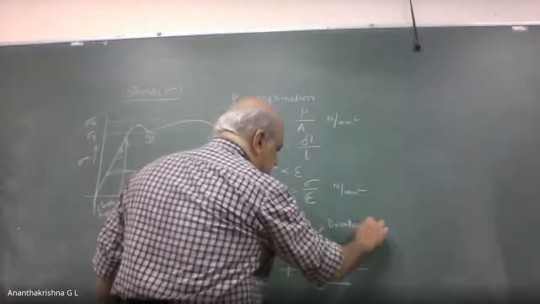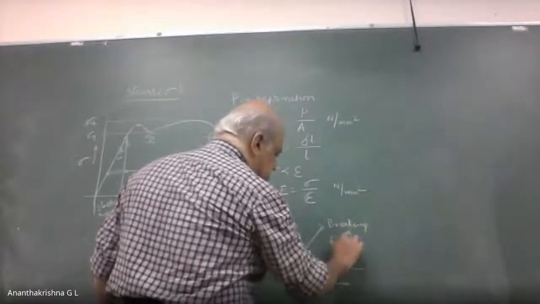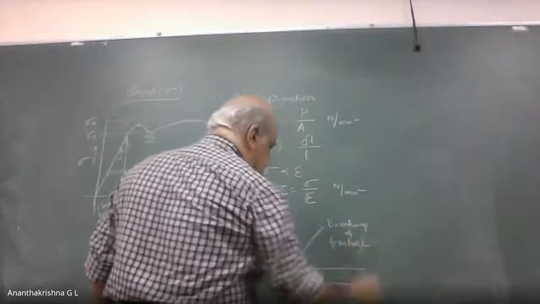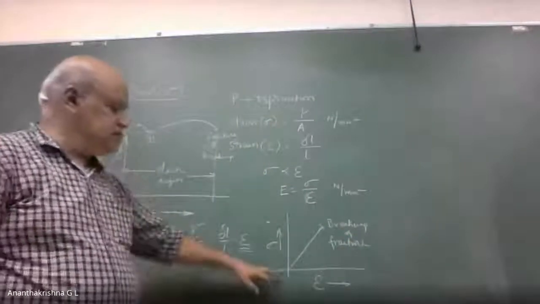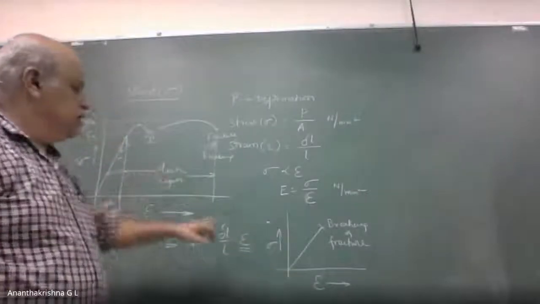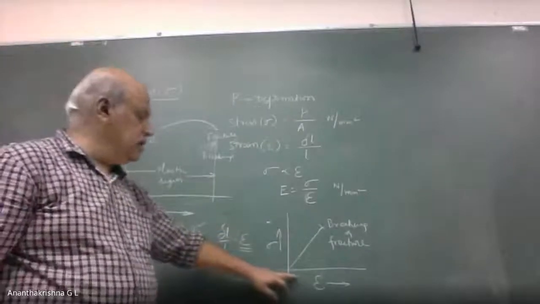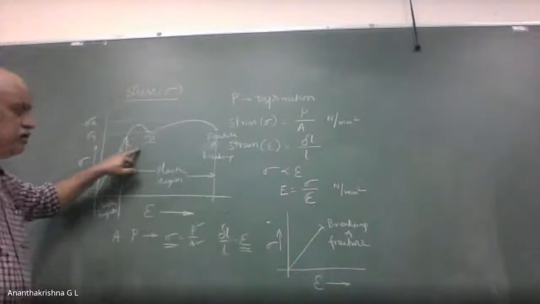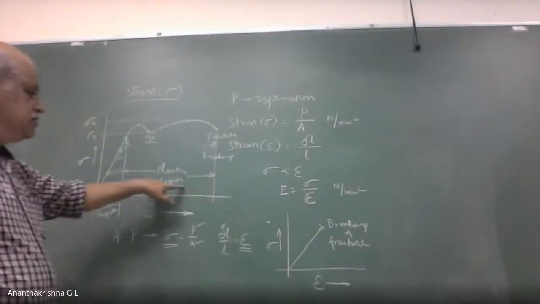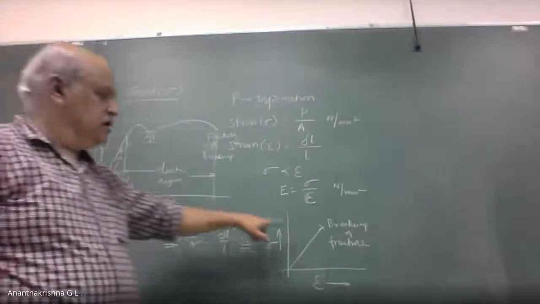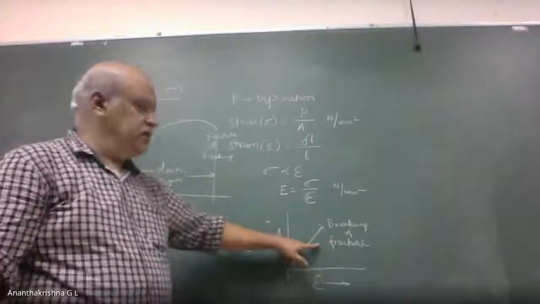It does not have any yield. This is the stress strain diagram for a brittle material. The other one is for a ductile material, wherein you have the elastic region and plastic region, and here there is no yield taking place.